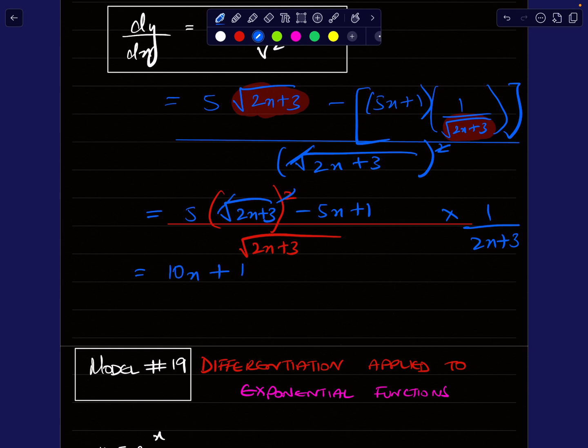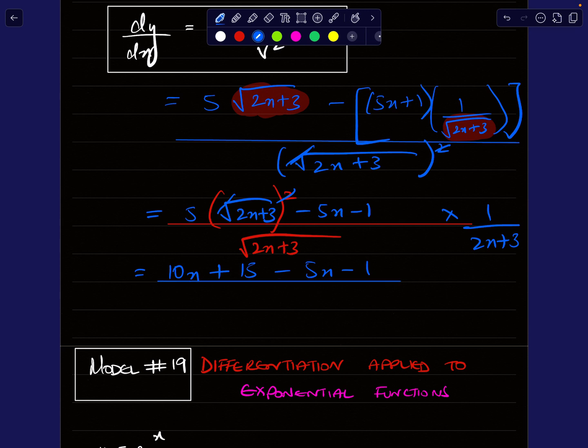10x plus 15 minus 5x plus 1. Did I make a mistake? Yes, I did make a mistake. This would be minus 5x and minus 1, since the minus is outside the bracket. This is a common mistake students make.